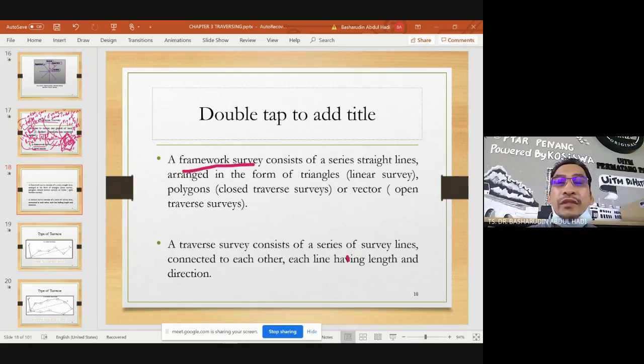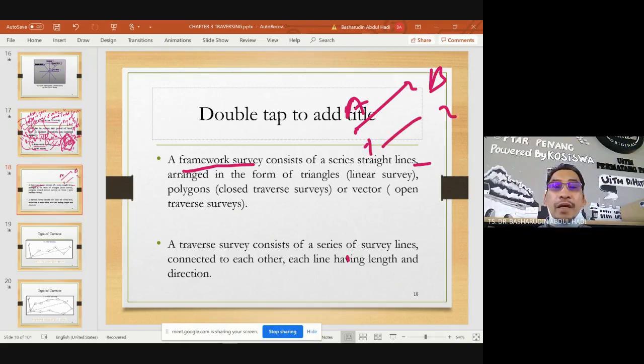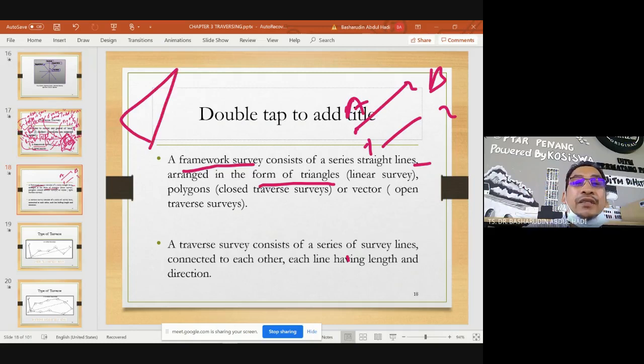Again, a framework survey consists of a series of straight lines, station A to station B, station 1 to station 2 is a straight line, okay, arranged in the form of triangles, linear survey. So at least you have a triangle. This is the small one.